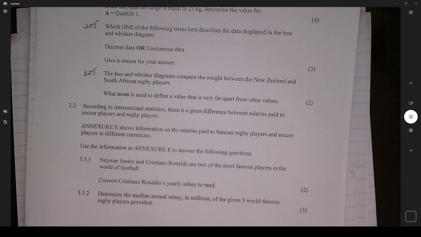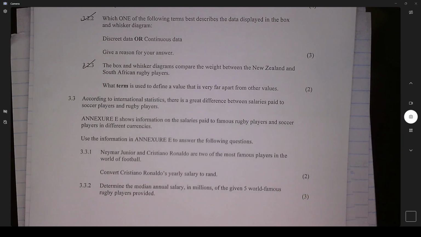All right. According to international statistics, there is a great difference between salaries paid to soccer players and salaries paid to rugby players. Annexure E shows information on the salaries paid to famous rugby players and soccer players in different currencies. Use the information in Annexure A to answer the following questions.